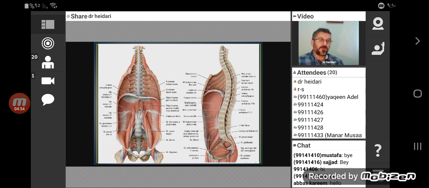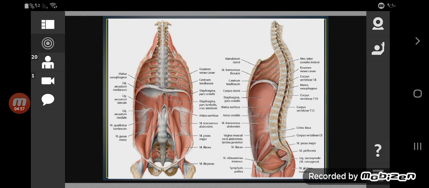It is a thoraco-abdominal muscular partition. The diaphragm has two domes, right dome and left dome. You can see the top of the right dome is higher because of the location of the right lobe of the liver.